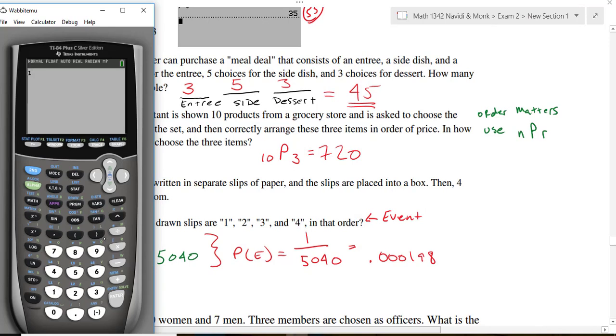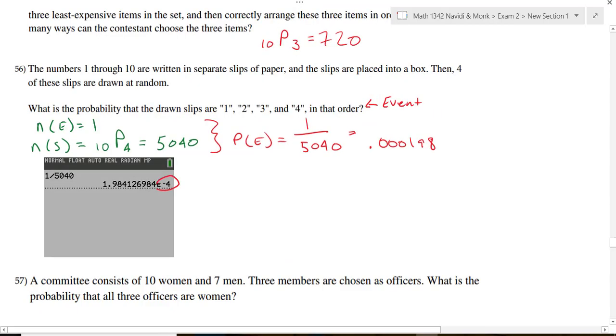Let's do this one on our calculator. If you have 1 divided by 5040, your calculator is going to give you your answer using scientific notation. This right here means that you're looking at 1.98 times 10 to the negative 4. If you move this decimal 4 places to the left because of the negative exponent, you end up with this number right here. There's 3 zeros and then the 198. So to get my answer that's not in scientific notation, I would take this decimal and go 1, 2, 3, 4, put the decimal there, and then fill in the gaps with zeros.